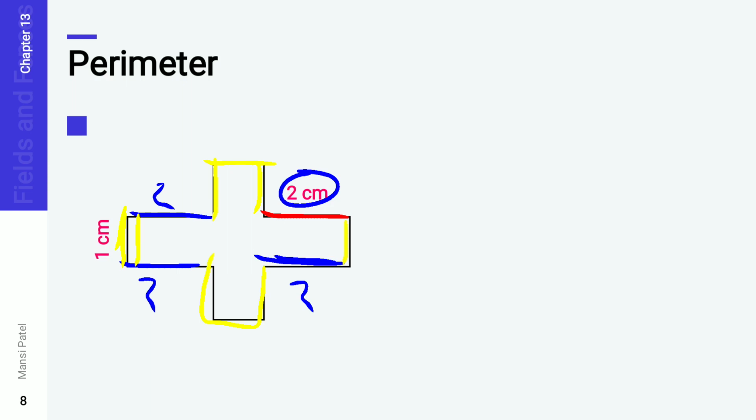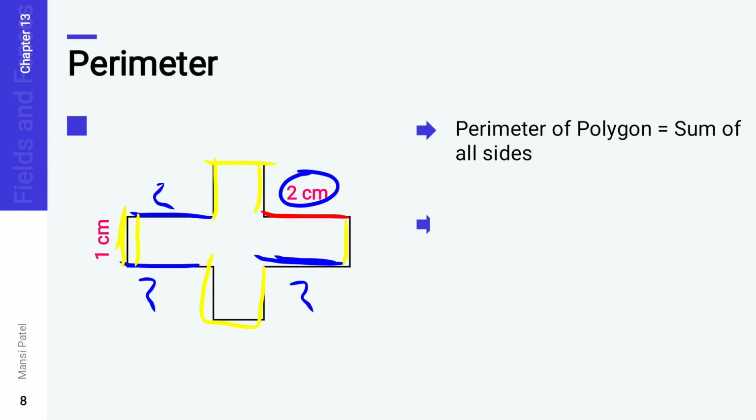So let us start. So we can say that here the perimeter of polygon, we don't know the name of this figure, that's why we are just using polygon only, and we are using the general formula, that is the sum of all the sides. So here we have to just move clockwise.